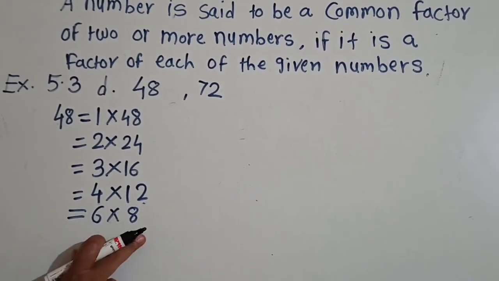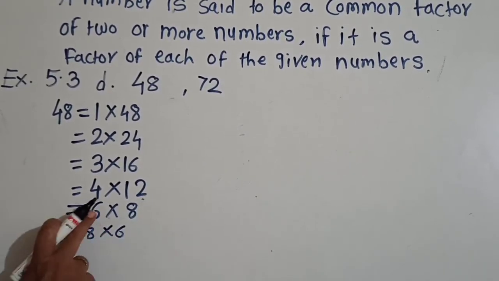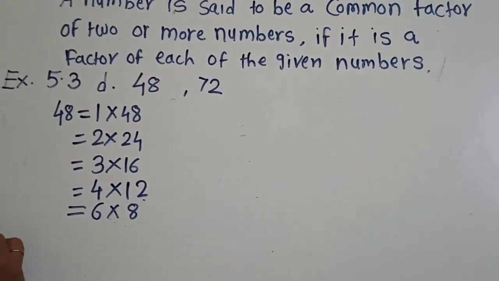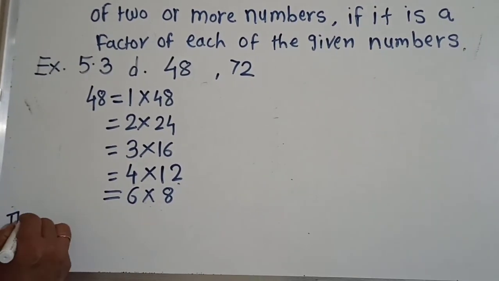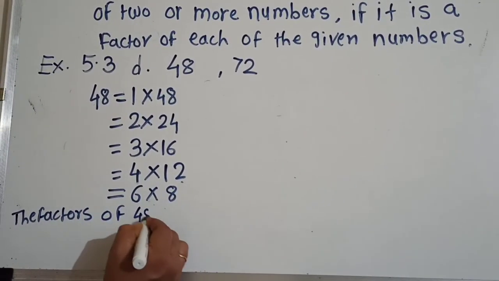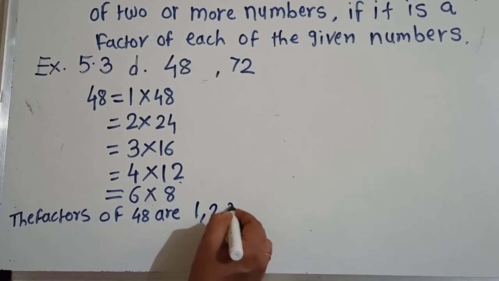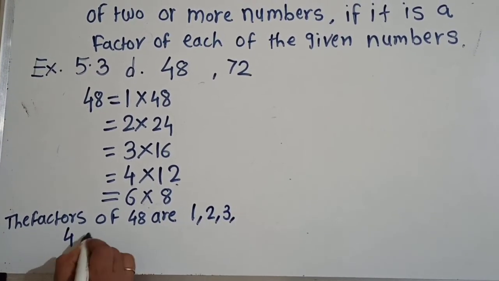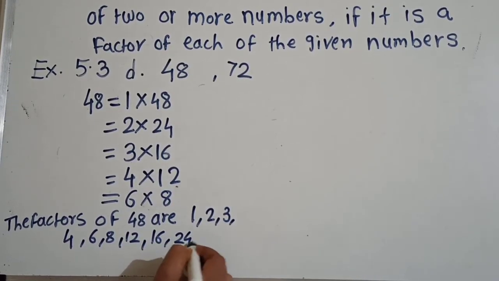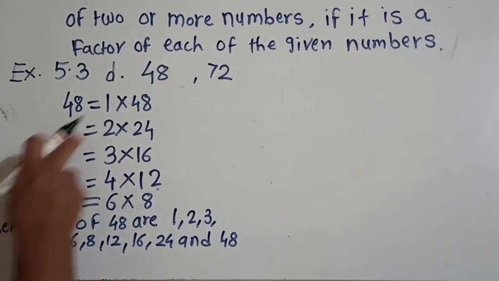Then 7, no, 8 6s are, meaning what we wrote here already, 6 8s. So the factors of 48 are 1, 2, 3, 4, 6, 8, 12, 16, 24 and 48. Okay, now these are the factors of 48.